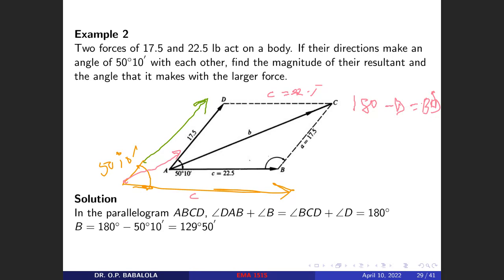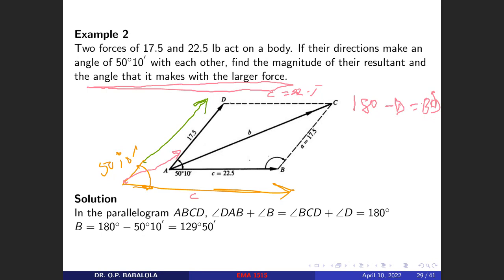I actually started by finding the angle that it makes with the larger force. I've started with this second part, and I've not yet found the magnitude of their resultant force. So let me take it again.